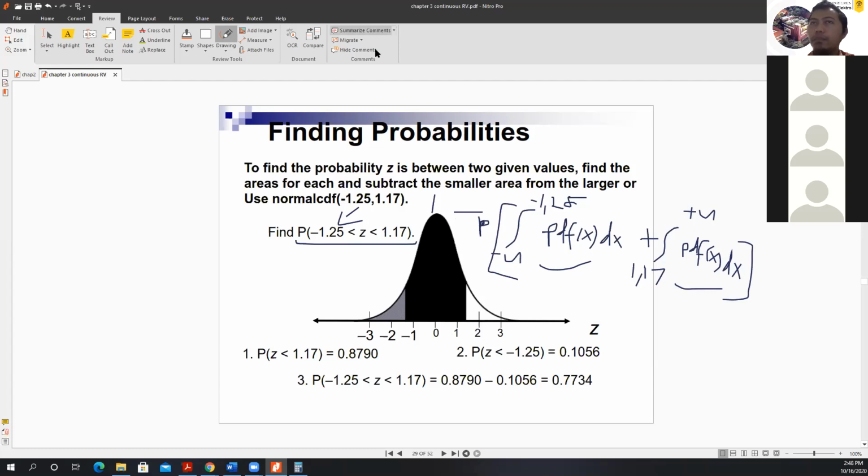So from the table, from the equation, how do we define this one?